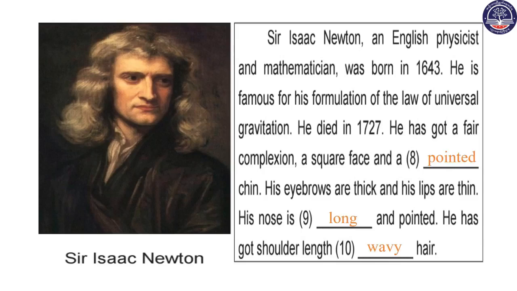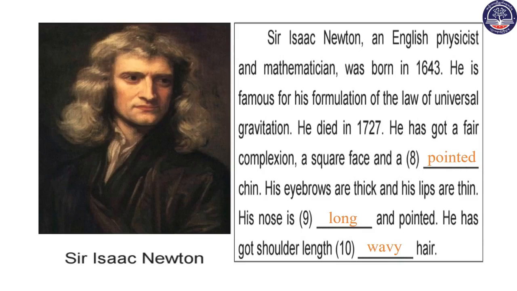Now, check the answer. Sir Isaac Newton, an English physicist and mathematician, was born in 1643. He is famous for his formulation of the law of universal gravitation. He died in 1727.